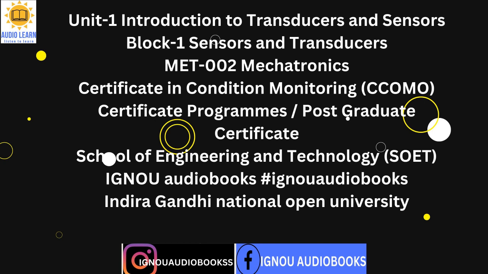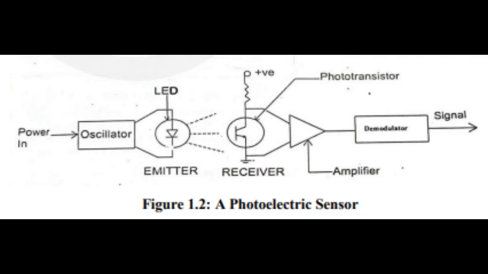The light source is a light-emitting diode, LED, a solid-state semiconductor that emits light when current flows through it. LEDs are manufactured to produce light in the visible range and the near-infrared range. The light source is paired with a receiver, which is a light-sensitive transistor called a phototransistor.